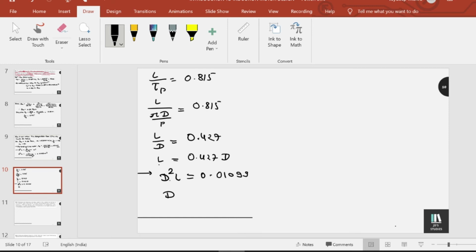Solve this equation and we will get 0.30 meter. According to this value of D, we will find the value of L, which is 0.125 meter. So we will get the main dimensions of the motor.